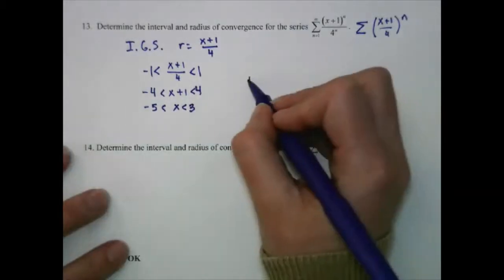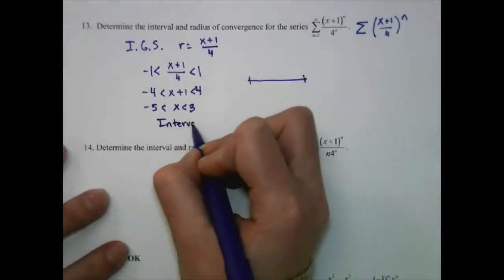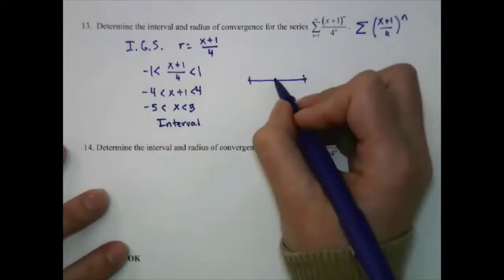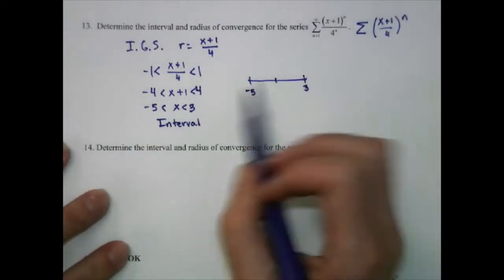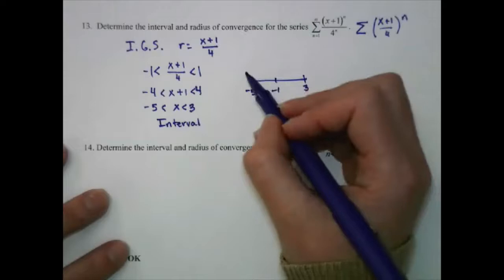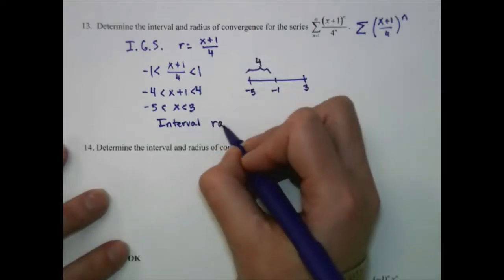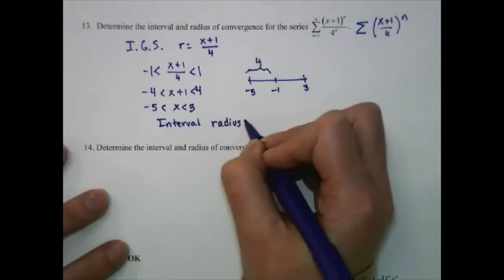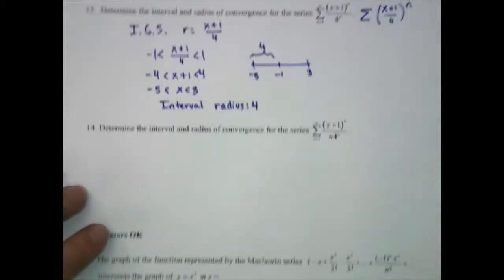Okay, so we've got our interval here. For the radius, this is negative 5, this is 3. Halfway in between these would be negative 1, so the radius here is 4. And we could get that from here too.